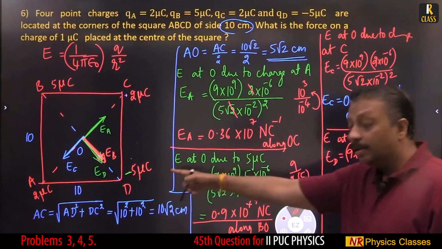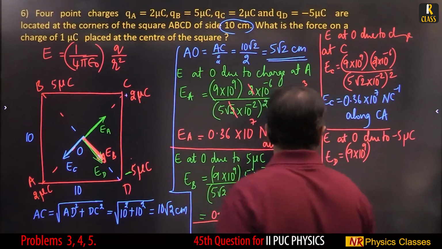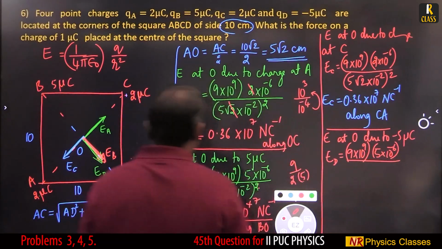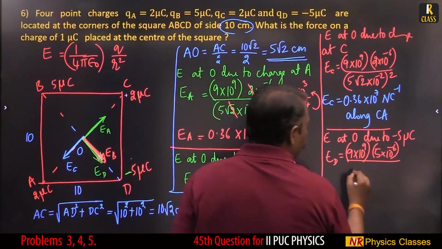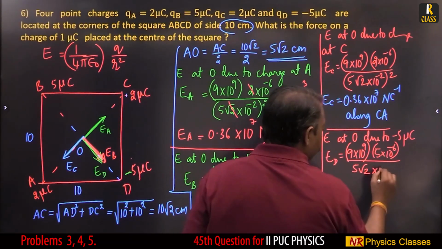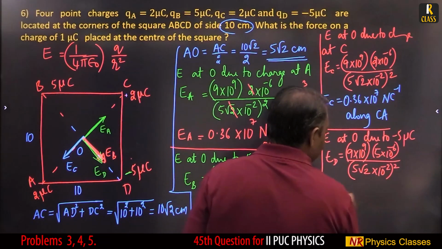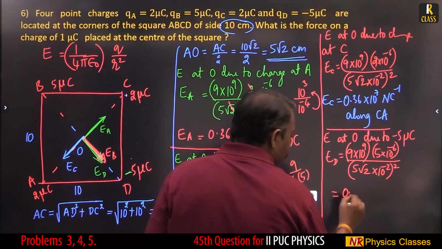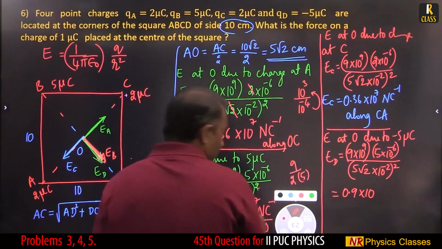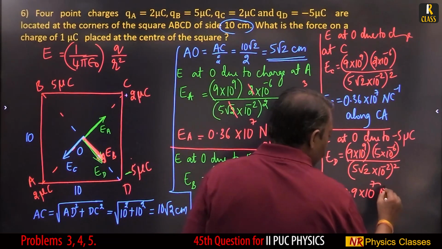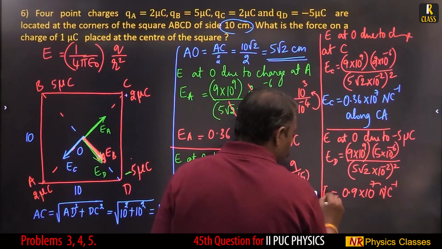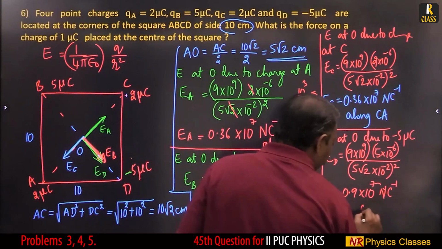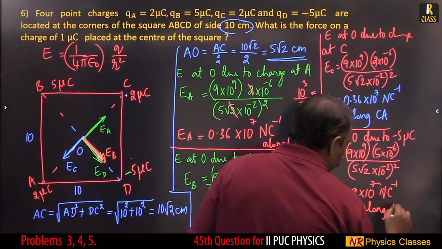Charge is negative, consider only magnitude, 5 times 10 to the power of minus 6, by distance, again 5 root 2 times 10 to the power of minus 2, square. This is same as this, 0.9 times 10 to the power of 7 newton per coulomb. Direction of ED is along OD, or BD.